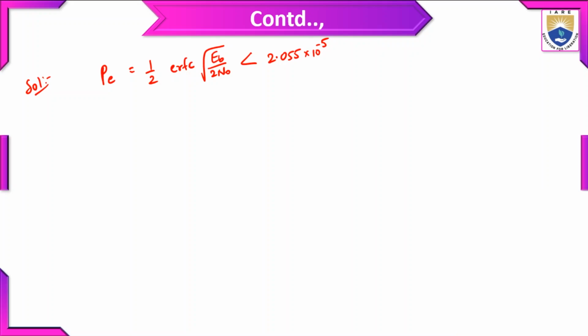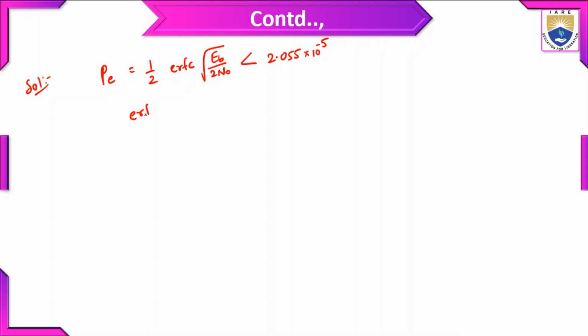Now the probability of error is given by 1 by 2 erfc. What is erfc? The error complementary function of square root of Eb, energy per bit, divided by 2 N naught. N naught is the noise spectral density. So we are going to find it.